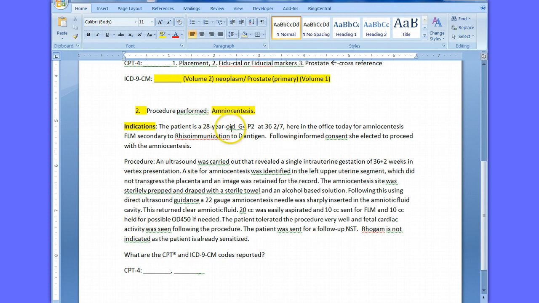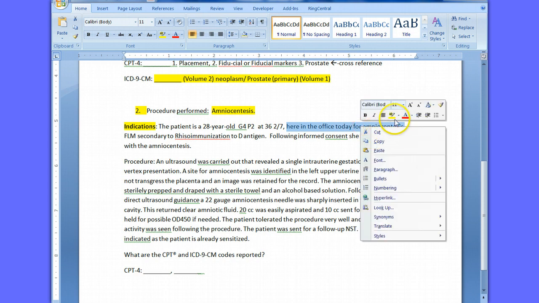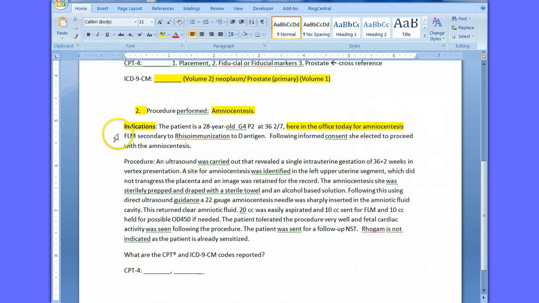You should be able to locate a lot of helpful information to help you pull out terms. So she's here today for an amniocentesis. I'm going to highlight that. And it has FLM, and this is for the fetal lung maturity. So they do this test to determine if the lungs have developed enough for the child to be born.